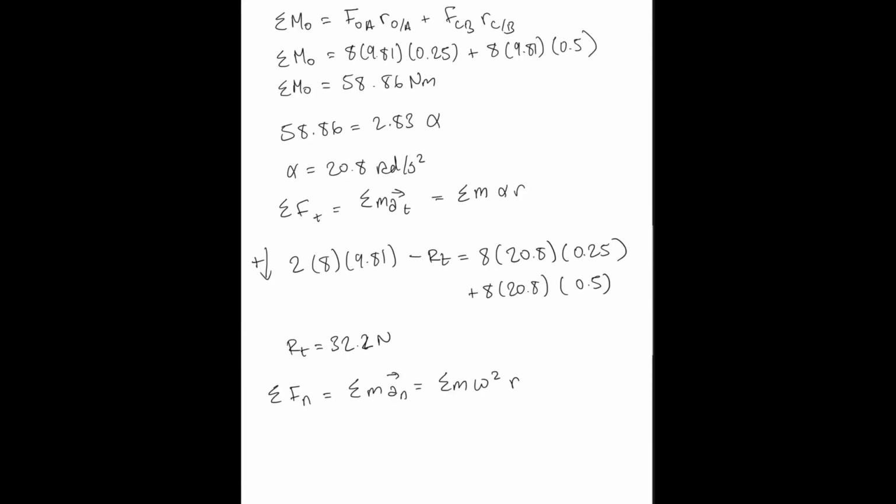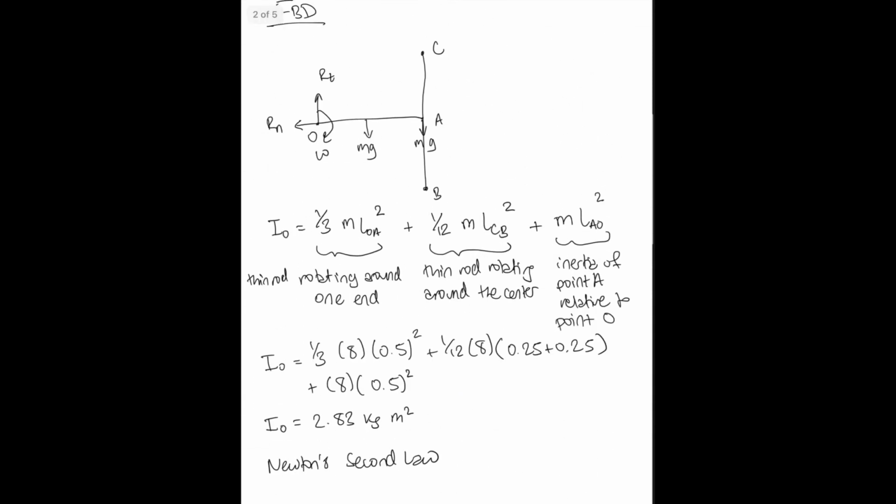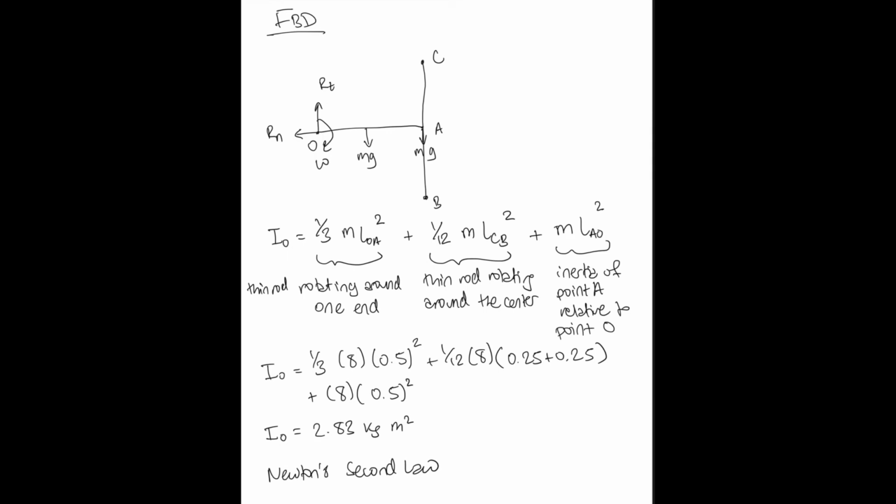Now for sum of forces in the normal direction, we know that the normal acceleration is equal to the angular velocity squared multiplied by the distance. So here we're going to take the positive x direction in this way. So Rn is going to be positive, and that's the only force in the x direction.